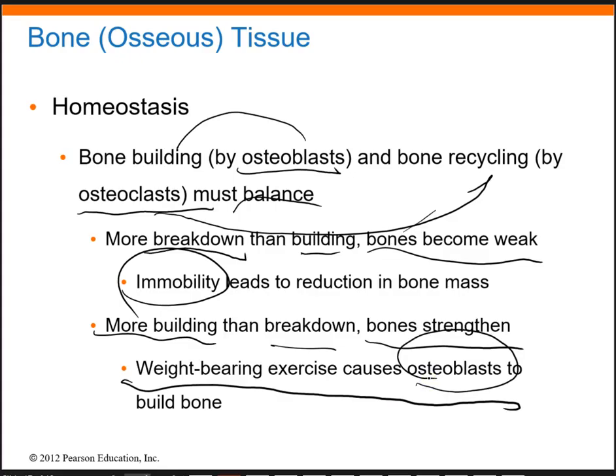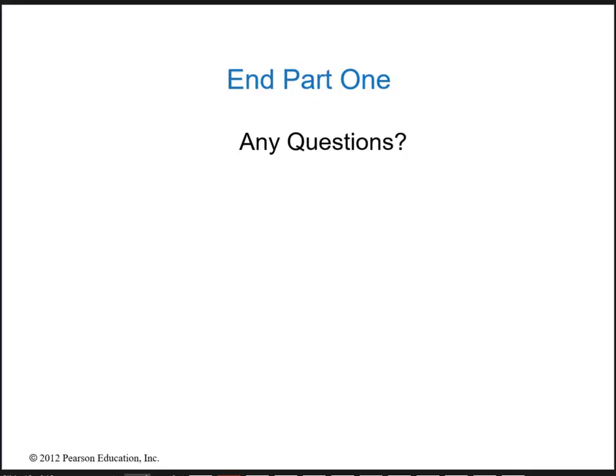This is why as people age and become more prone to osteoporosis, we tell them to exercise, because exercise will help keep your bones strong. It makes the osteoblasts keep working harder. We'll talk more about osteoporosis and bone density in part 2 of the lecture.